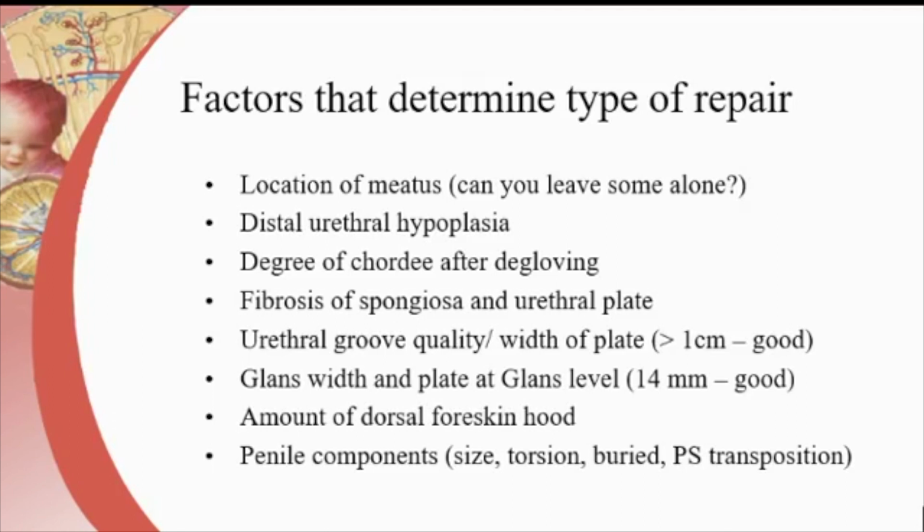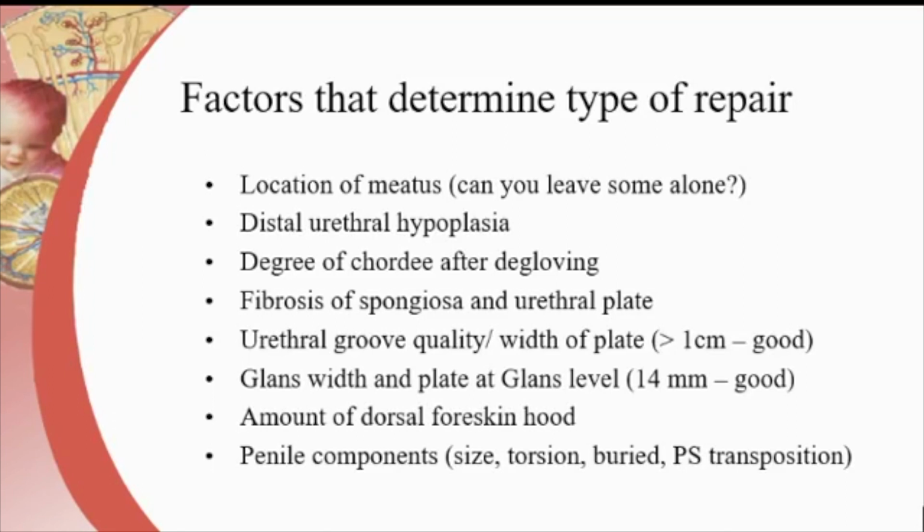Then we also have to look at the degree of chordee after degloving, which we've already discussed. Then whether there is fibrosis of the spongiosa on the urethral plate, and whether you have to excise all those things. Now, the urethral groove, the quality or width of the urethral plate, usually a 1 centimeter urethral plate is a good urethral plate. This is another important factor which determines what type of repair we are going to do. Then glans width and the plate at the glans level also determine this.